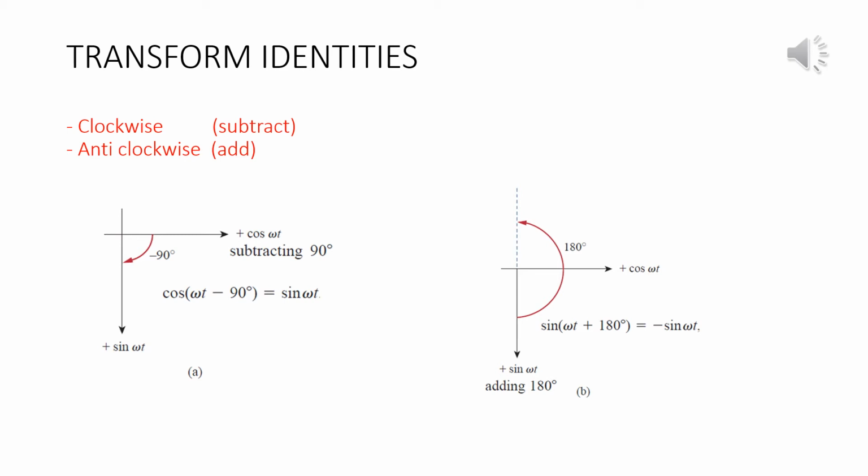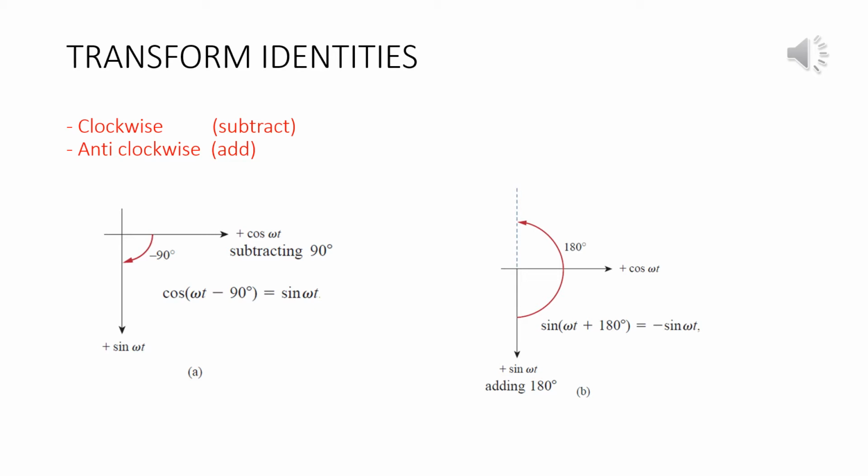Transform identities. The diagram shows that we can use the x-axis and y-axis to find the identities we just used in the formula. If it is clockwise, we have to subtract the degrees, and if it is anti-clockwise, we have to add.